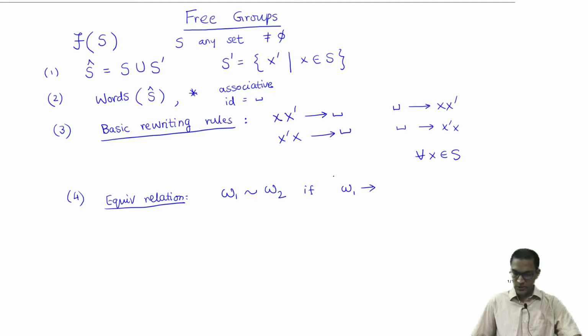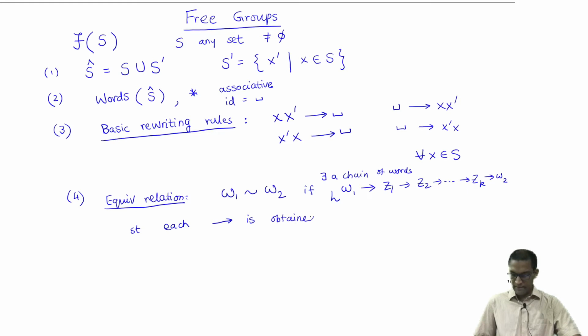That is, if there exists a chain of words Z1, Z2, up to Zk between W1 and W2 in this way, such that each arrow which connects these successive words is obtained via some basic rewriting rule.